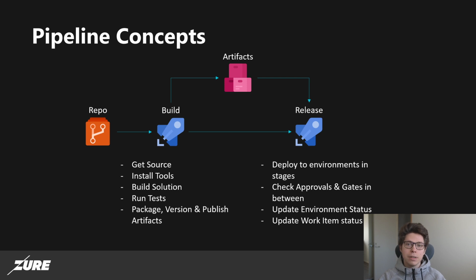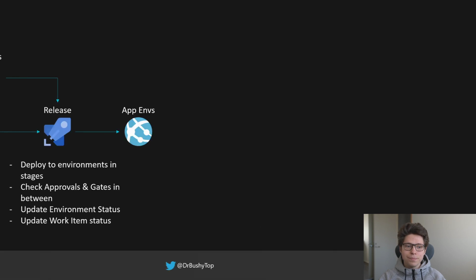So does your test environment actually work? Can we go to production and so on? And then you can update environment statuses and work item statuses to Azure Boards and also, I think, to Jira. And then in the end you have your application environments where all the packages can go.